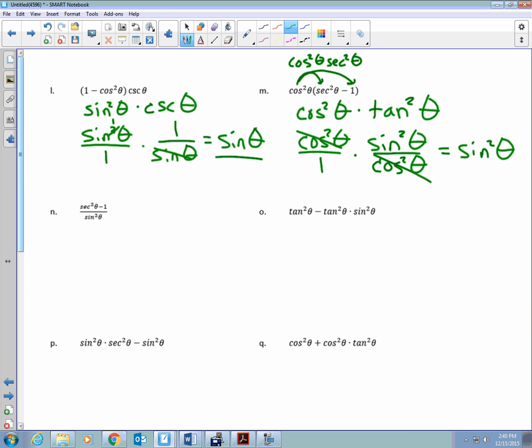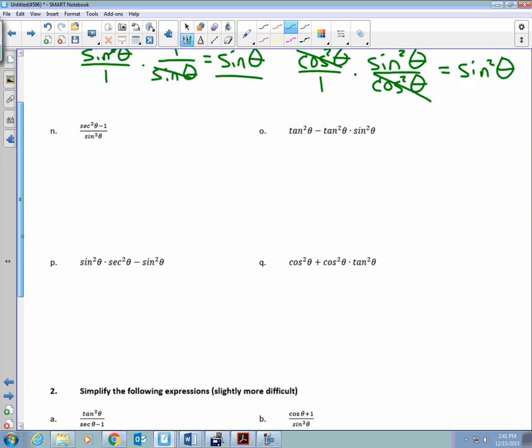And then distribute that there to get minus cosine squared of theta. But that would make it more difficult, wouldn't it? We like it in the factored form better, don't we? Well, look at O. O is in the unfactored form. So what do these both have in common that we can take out? A tangent squared.